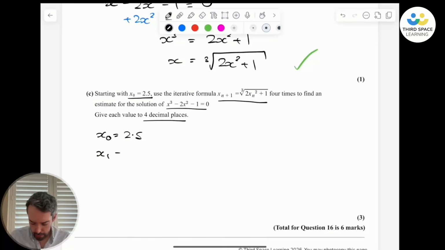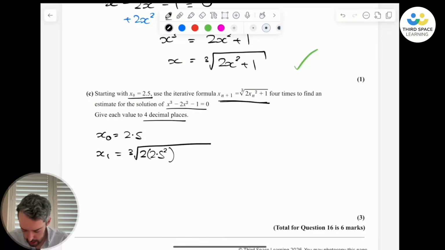Let's do x1. So x1, using this formula, is going to be the cube root of 2 lots of 2.5 squared, plus 1. Pop it in the calculator and we're going to get 2.3811.